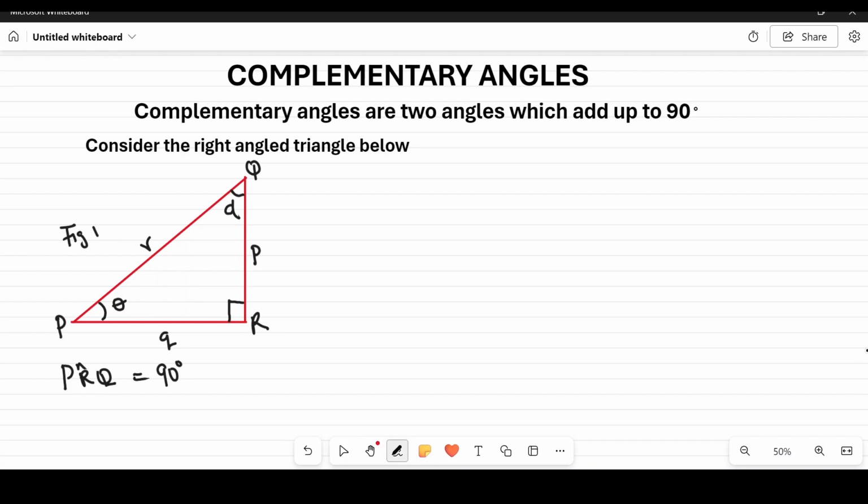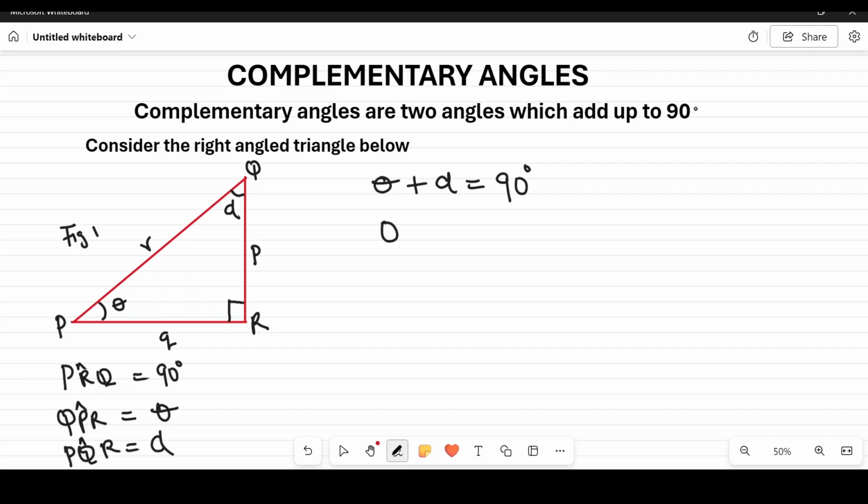Also, we know that angle QPR is equal to theta, and also angle PQR is equal to alpha. Thus, for a right angle triangle, we have that theta plus alpha is equal to 90 degrees.